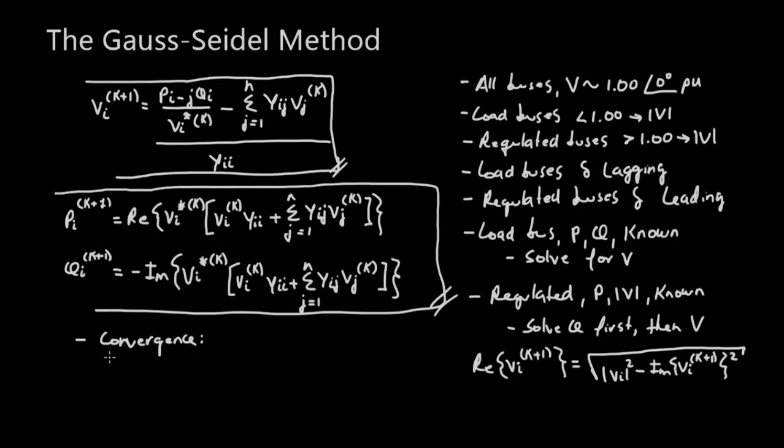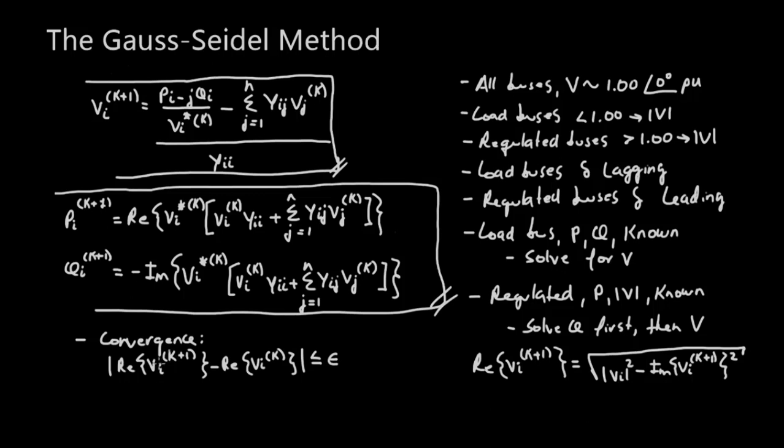So for example, I can say that the absolute value of the real part of the voltage at iteration k+1 minus the real part of the voltage at iteration k, all of that is going to be less than some value epsilon.